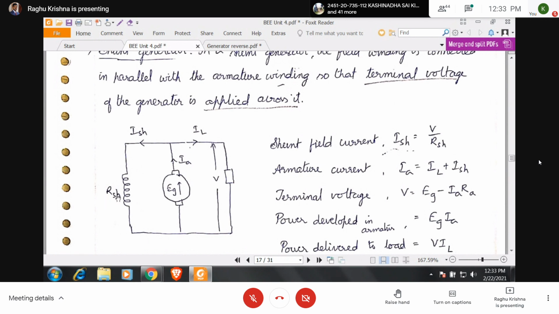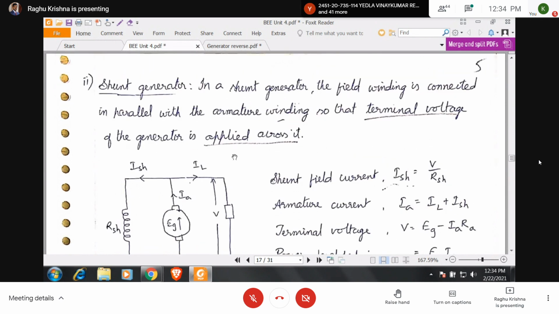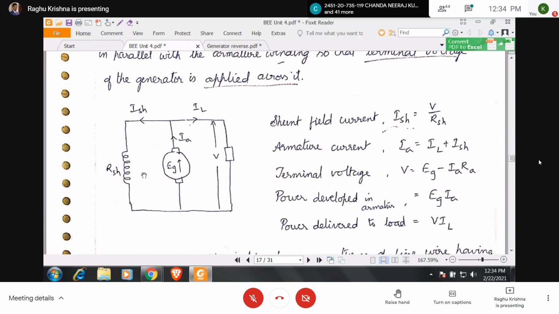In a shunt generator, the field winding is connected in parallel with the armature winding, so that terminal voltage of the generator is applied across it. So what is the voltage applied to this winding? V. V is the voltage applied to this shunt field winding.